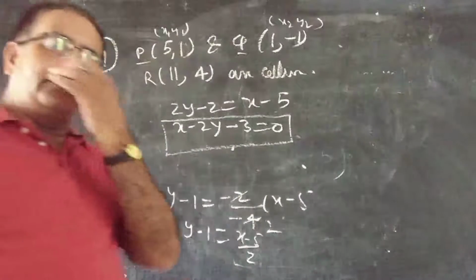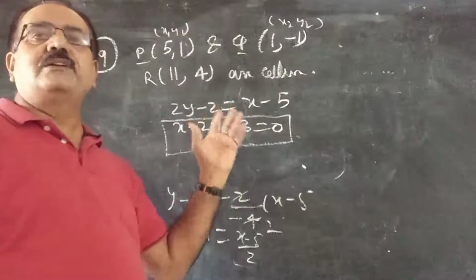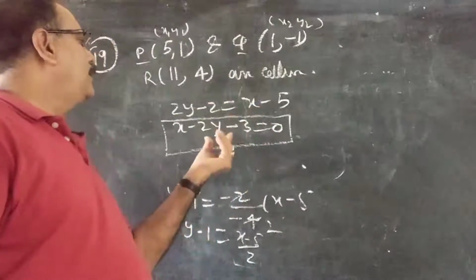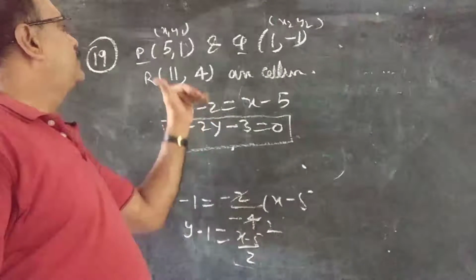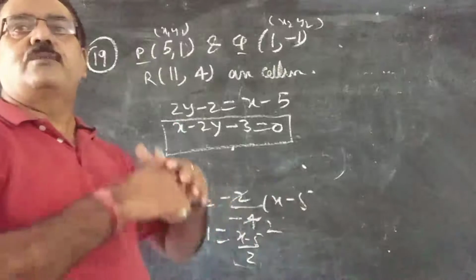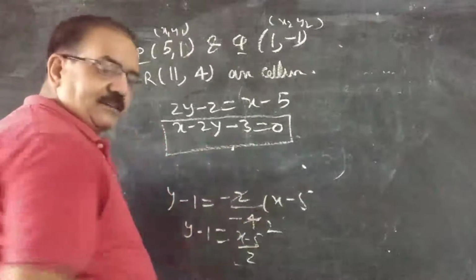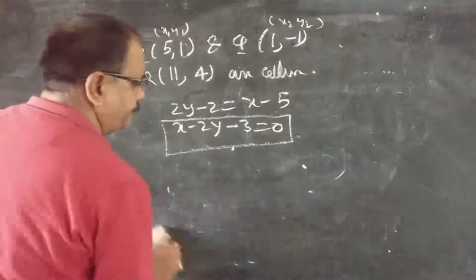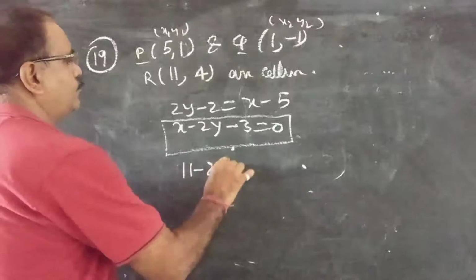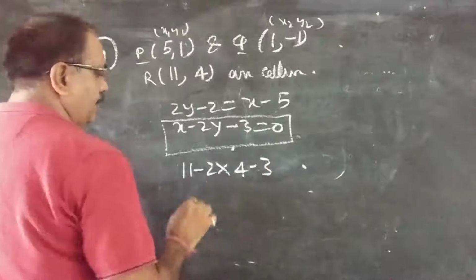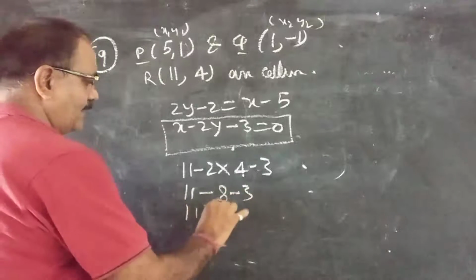Now we have to show that P, Q, R are collinear. By taking two coordinates, first we have got the equation of a straight line. Now in this equation, we will put the third coordinate and see whether it is satisfied or not. Satisfy means put the value. x is 11, 2 into y is 4, minus 3. 11 minus 8 minus 3. 11 minus 11.